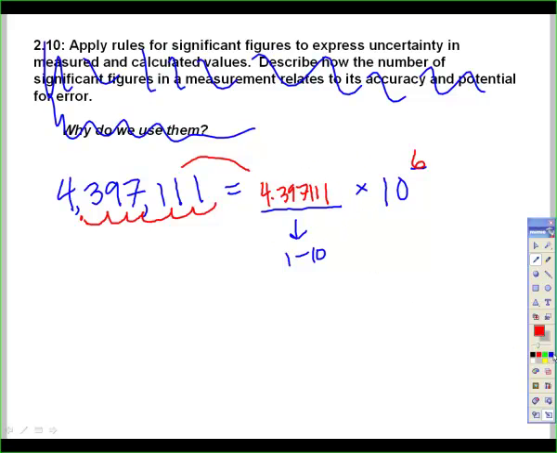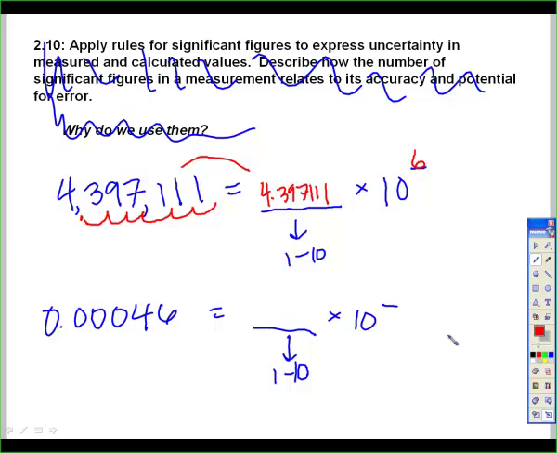Let's try another one. Let's say I have a really itty bitty number, 0.00046, and I want to write that in scientific notation. So it's got to be a number times 10 to a number. The first one has to be between 1 and 10, so I'm going to find how I can do that.